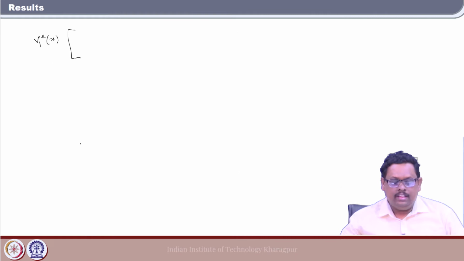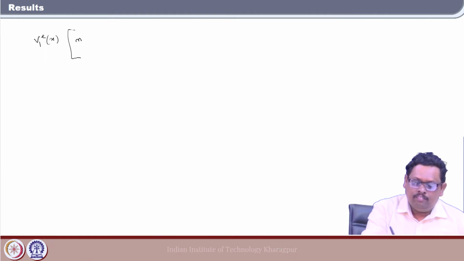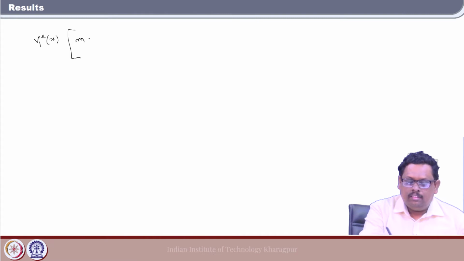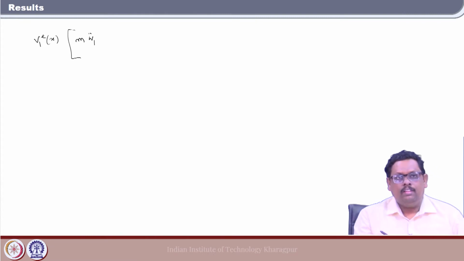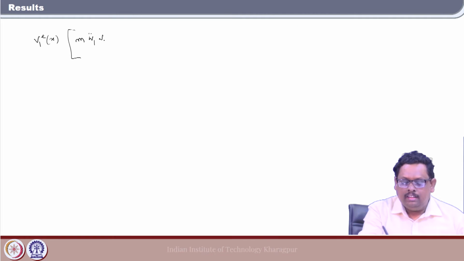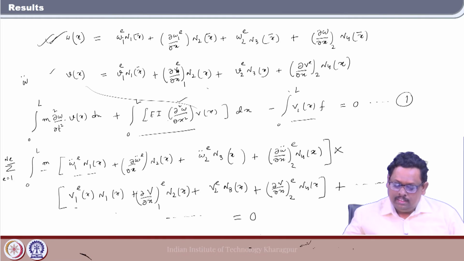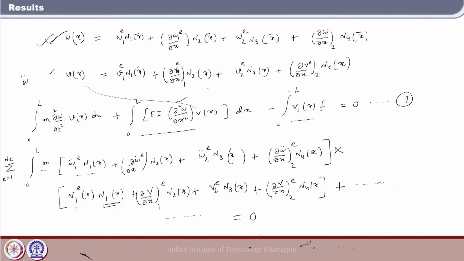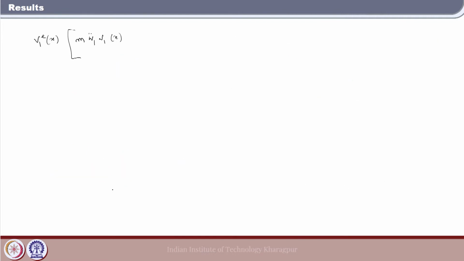So, I just write over here V1 x equal to m into W1 double dot, and multiply by the N1 x, and also you can see here this V1 x is also multiplied with N1 x. So, therefore, I just multiply here also with N1 x. Now, we take the next term, of course, I should not forget that 0 to L into dx, it is always there. And then again I just write 0 to L.